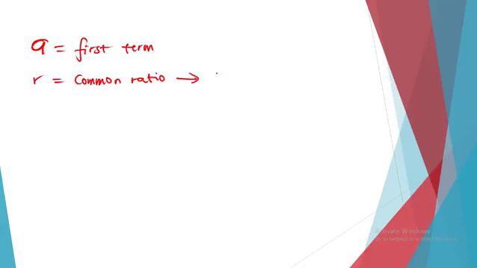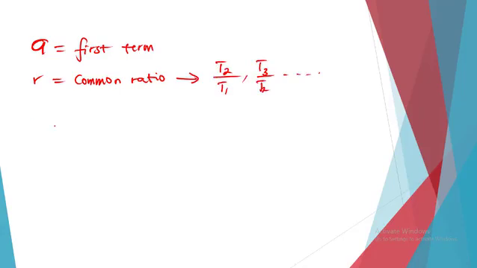In our previous class, I told us that the first term in a GP is given by a small letter a, and that r is our common ratio. The common ratio is determined by dividing the second term by the first term, or the third term by the second term, and so on.